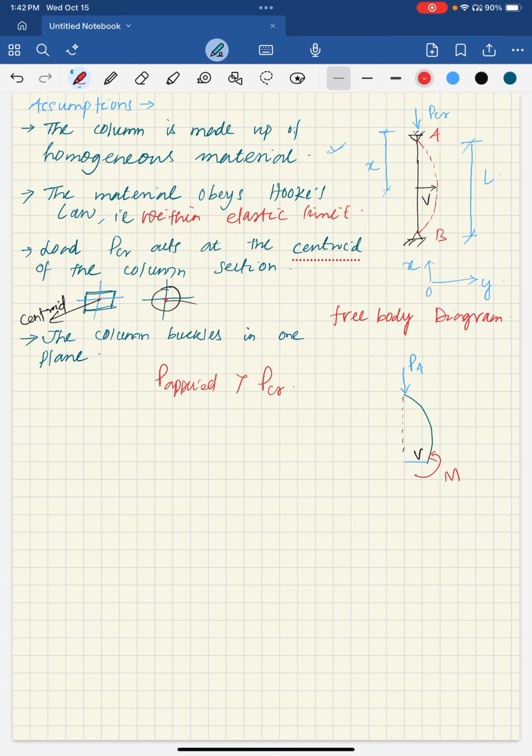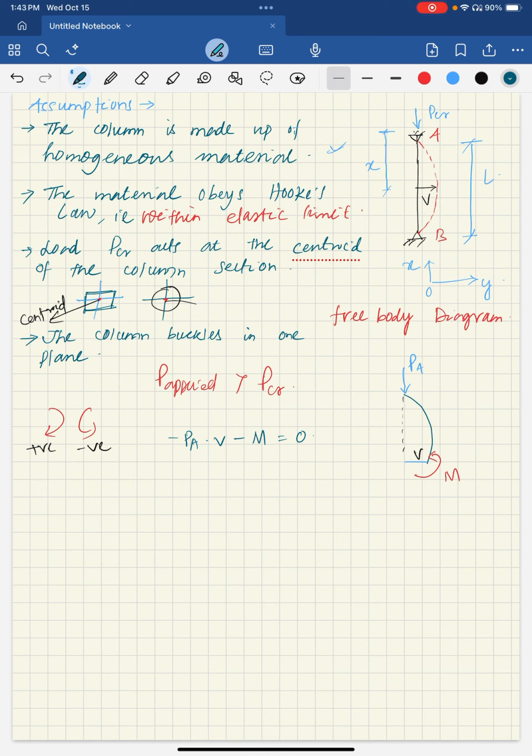So for my investigation, clockwise moment is positive and anticlockwise is negative. Now if I try to derive the expression, we have PA multiplied with P, which is anticlockwise, minus M is equal to 0.